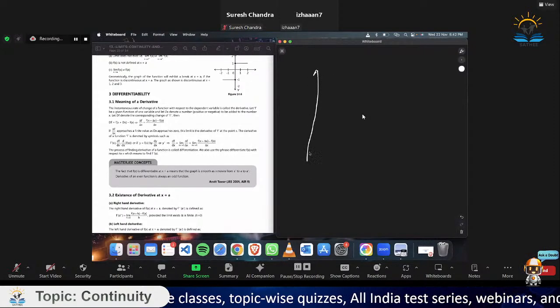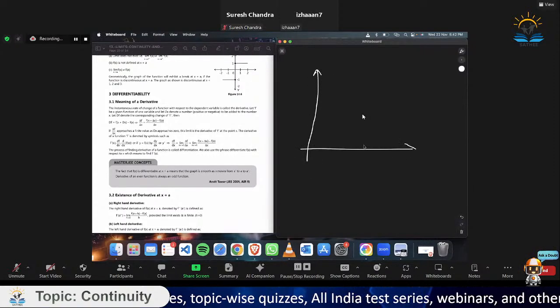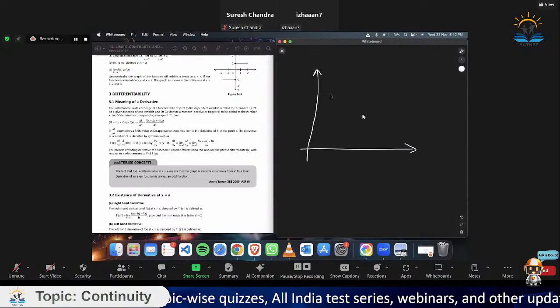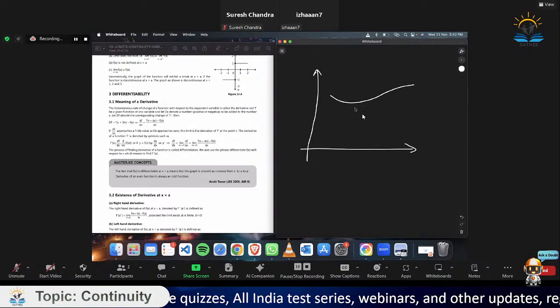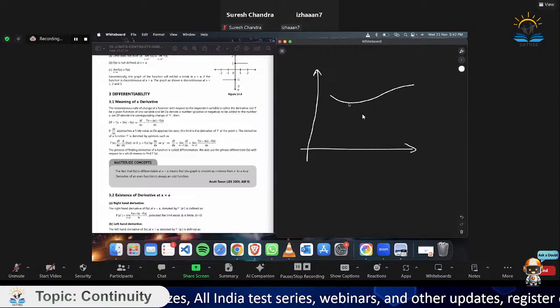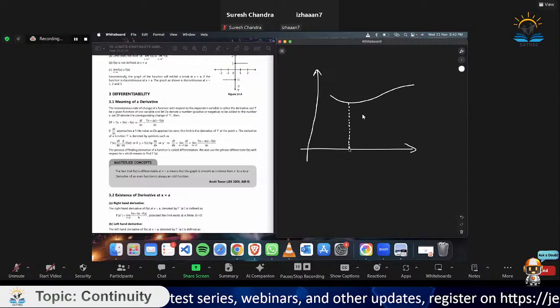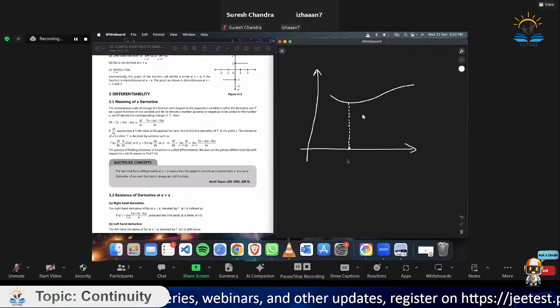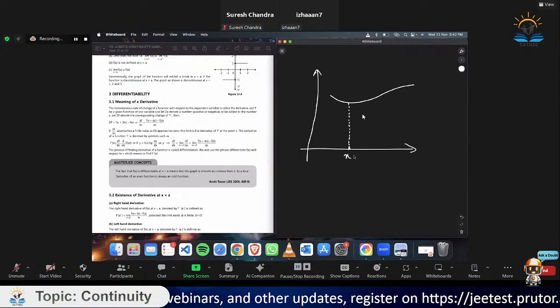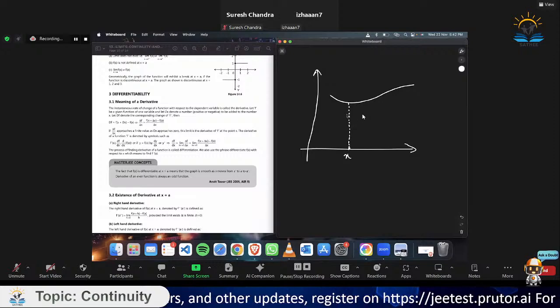See, this is the y-axis, this is the x-axis. All right, and this is the graph. Okay, simple. I'll say this point is x, and what will be this point?